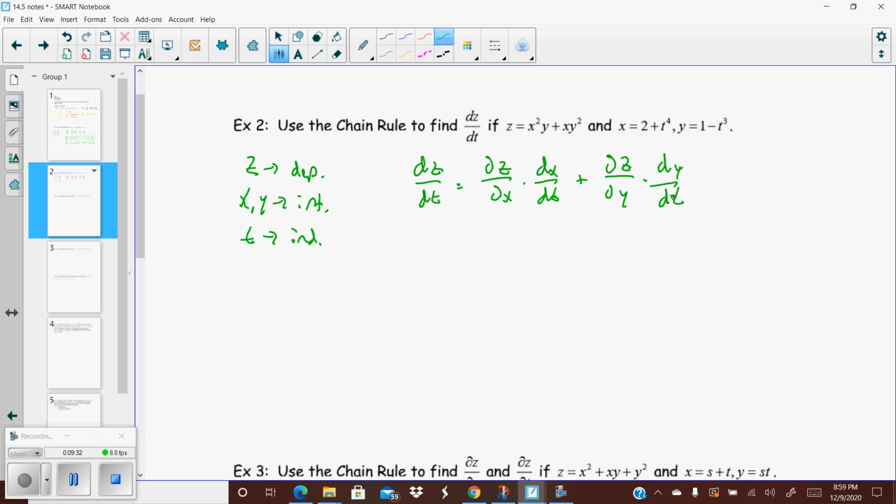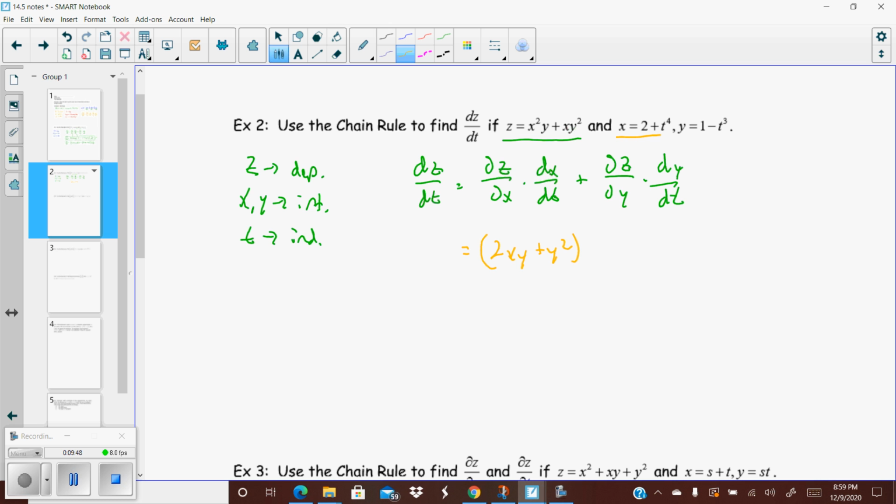All right, so let's see here. The partial of z with respect to x, so the partial of this thing right here with respect to x, is going to be 2xy plus y squared times dx dt.